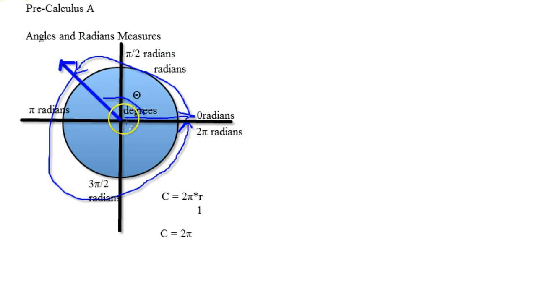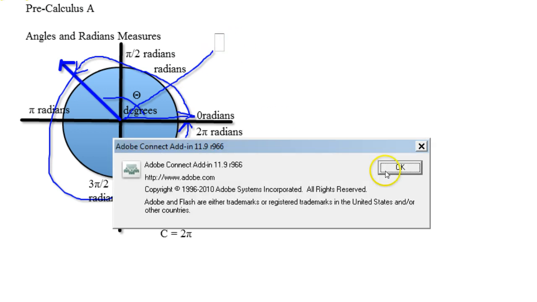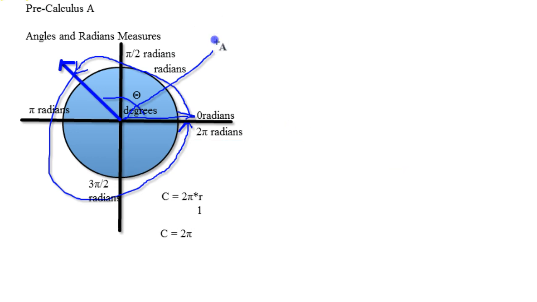Now you're also going to be able to break this up. What if I cut this right down the middle? If I cut pi halves in half, I get pi quarters. So this would be pi quarters radians.